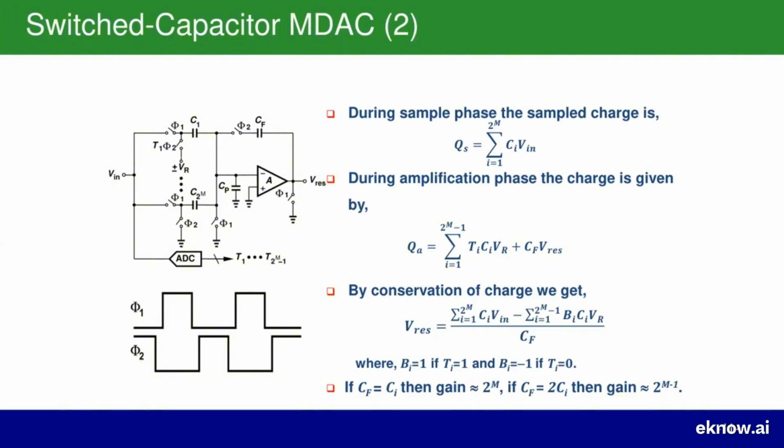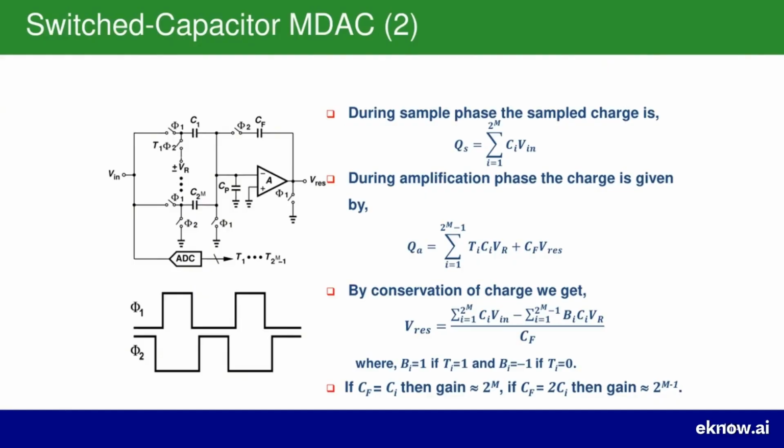It all comes down to a fundamental principle in physics, the conservation of charge. First, let's look at the sample phase, when clock phi1 is high. During this time, the input voltage VIN is being sampled onto the array of input capacitors, which are labeled C1 through C2^M. The total amount of charge stored across all these capacitors is what we call QS.